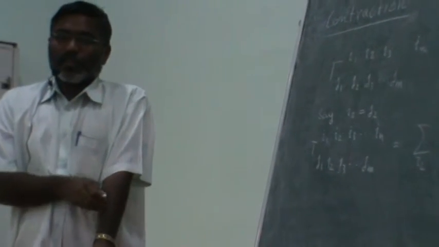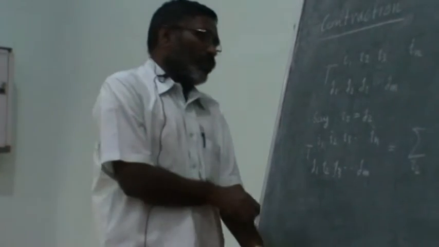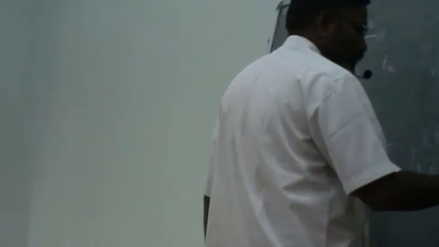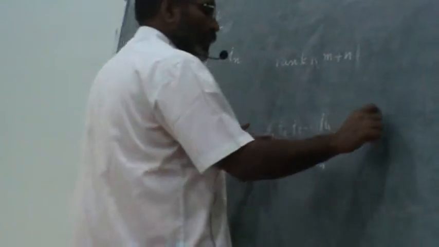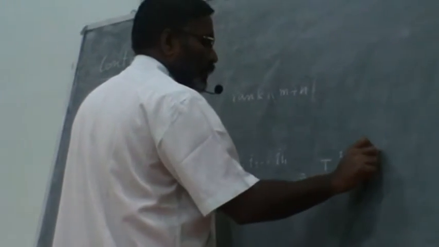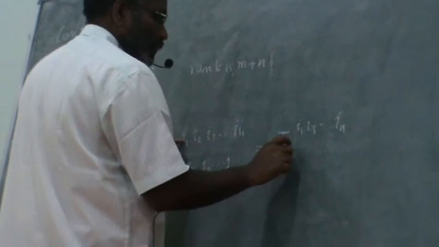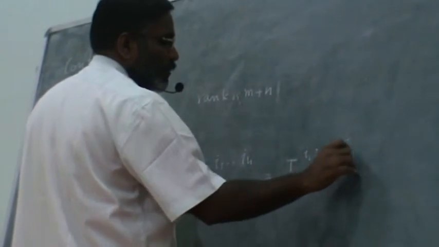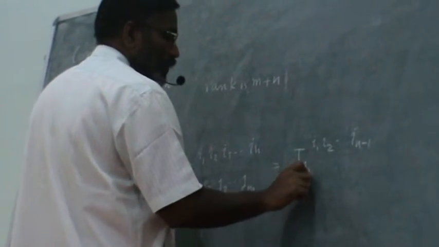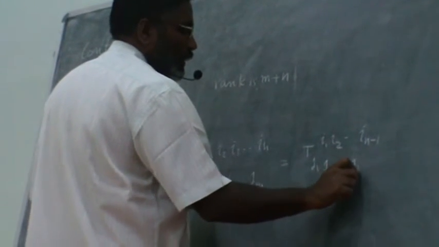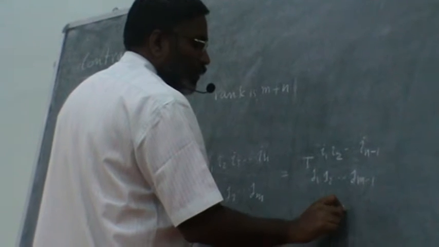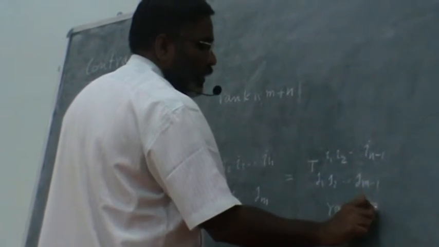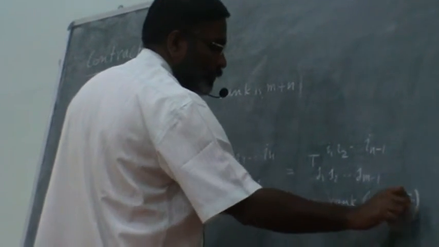These two indices are not there. That means essentially this is equal to T. What are the free indices? The free indices are only I1, I3, up to In, so you can write I1 up to In minus 1, J1, J2 up to Jm minus 1. So the rank of a tensor when you contract will come down by 2.